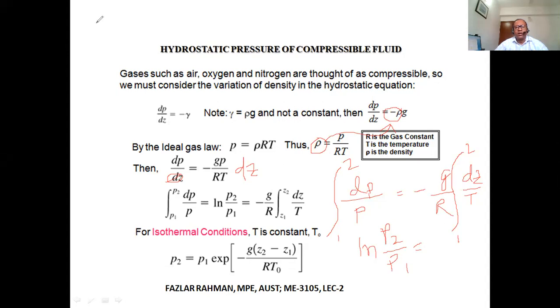Because we are not sure if T is a function of z. In some cases, the temperature of the fluid might depend on the depth. That's why we keep it over here. But for certain conditions, for example an isothermal condition, T is constant, say T naught. In that case, you do the integration and it comes out like that.